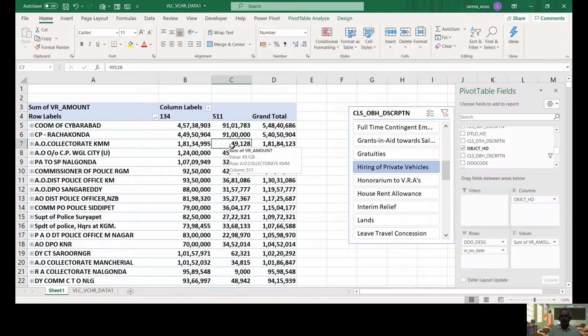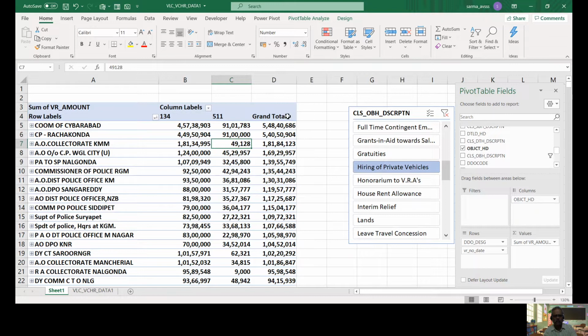Right, when he's spending against maintenance, that means he owns the vehicles and there is maintenance. After maintenance, the vehicle is actually running. So these things can again be observed by the audit teams. Similarly, hiring of vehicles: what is the necessity for this DDO to hire more vehicles despite having some vehicles? That also maybe we can observe, right?